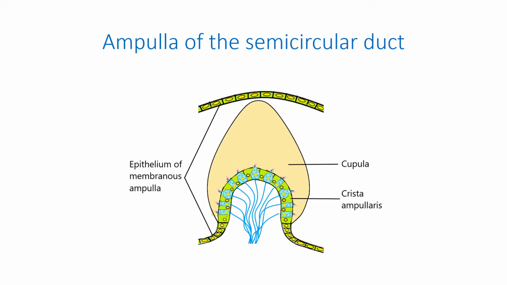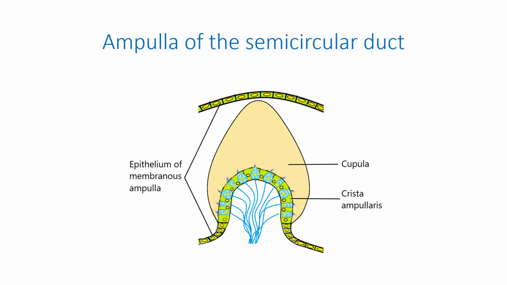The apical part of the hair cells is covered with a gelatinous ampullary cupula, which has the shape of a bell without a cavity. It forms a fluid-tight partition that has the same density as that of endolymph. The ampullary cupula and the otolith membrane are the products of the secretory activity of the supporting cells.